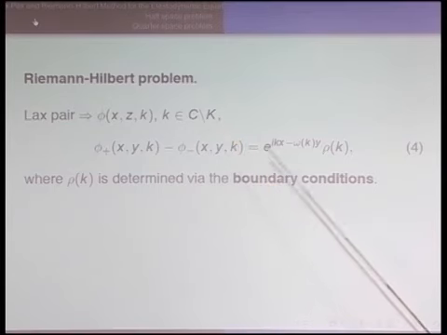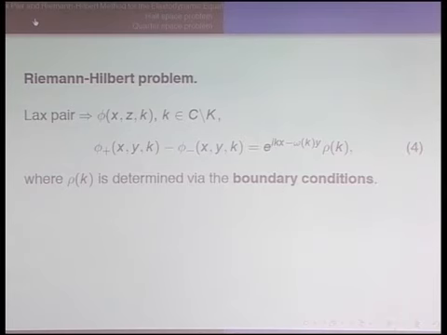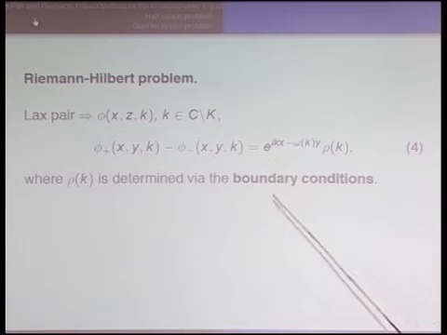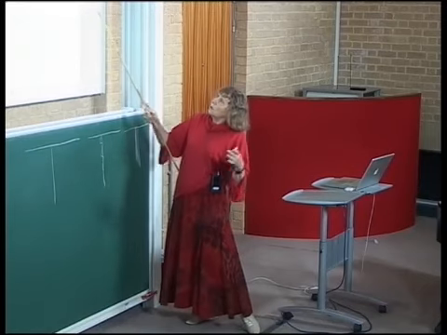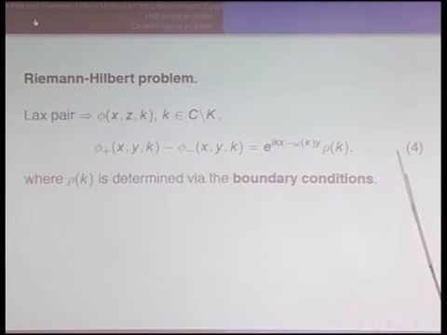And on the contour, we can write the difference between the solutions in the regions. And of course, this difference is the solution of the homogeneous ODE. So we come up with this Riemann-Hilbert problem.